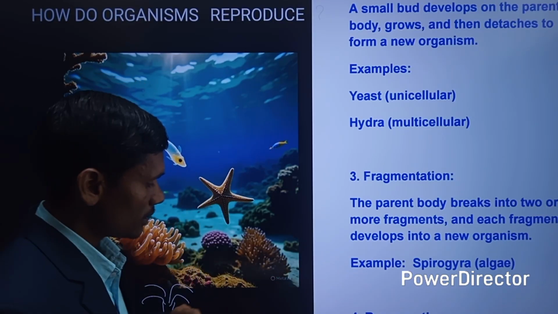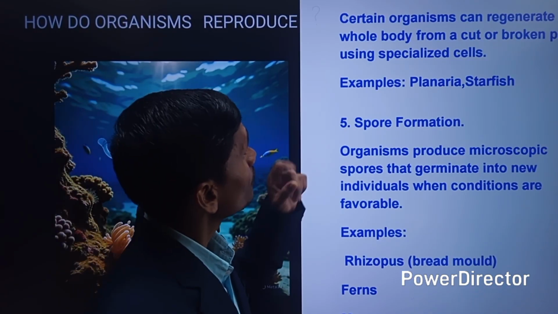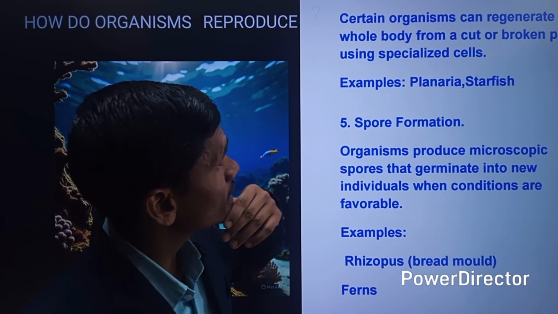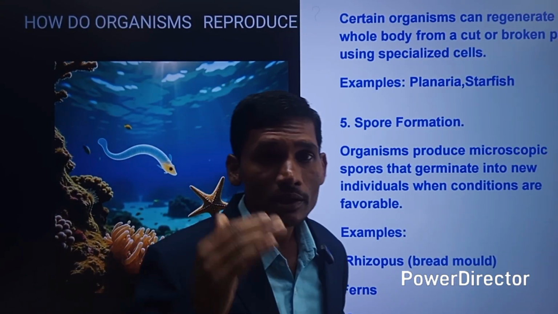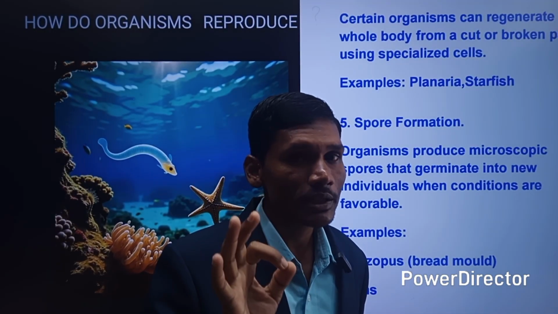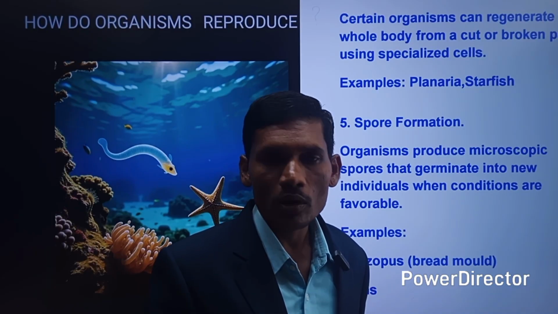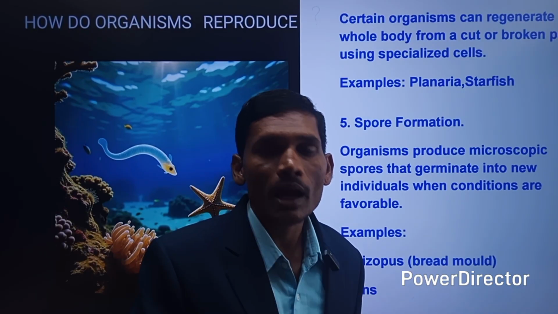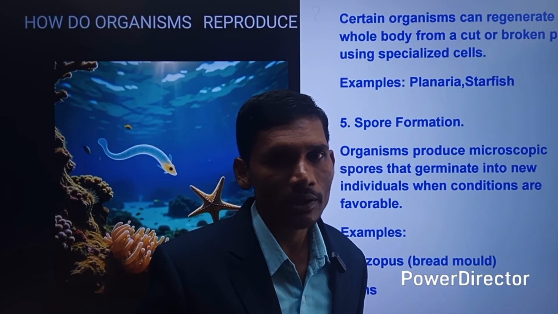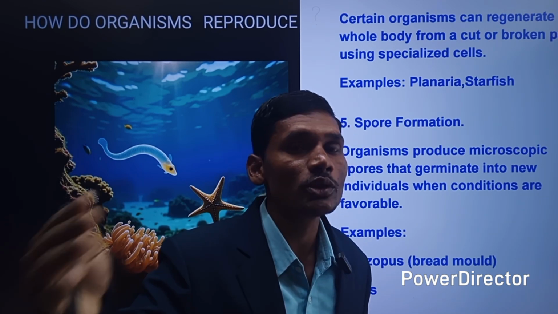Next, coming to the next method, the definitions are already given here, you can see. And regeneration is not a method of reproduction. You have to keep this in mind in the examination, this may be asked. If it is cut accidentally or intentionally, only then it develops that missing part and grows into a new organism.